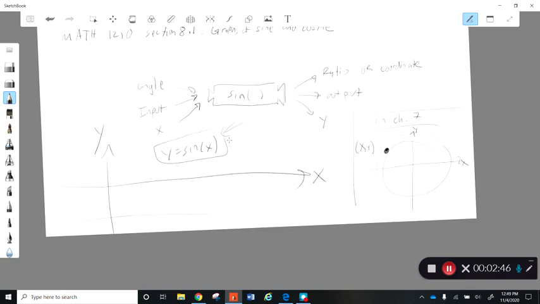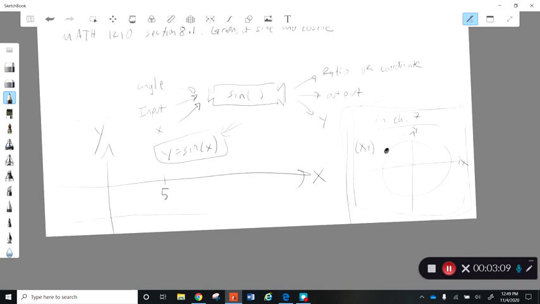So I want you to imagine that we have two separate worlds. We have the world where the unit circle lives, and we have the world over here where the graph of the function is going to live. And there's a connection between these, which has to do with the values of the outputs and the inputs. So over here, the input, like we might have 5 as an x coordinate.